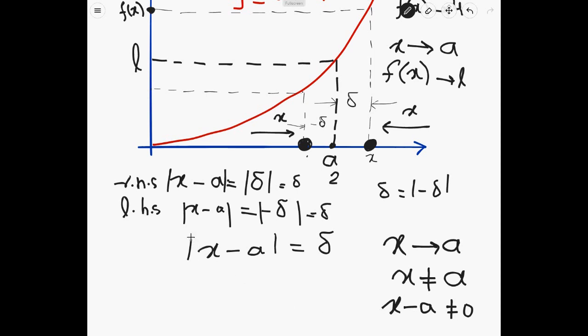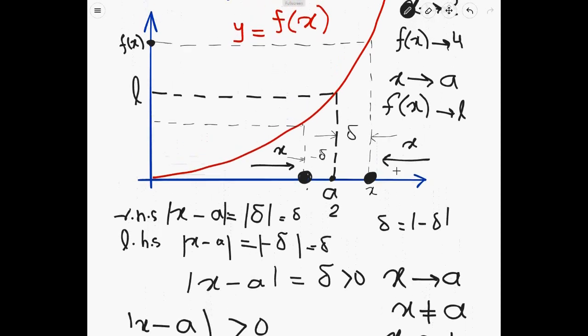Since we have taken the absolute value of this difference x minus a, it cannot be negative. It must be positive, and therefore the absolute value of x minus a is always a positive number. It is greater than 0. Therefore this delta is also greater than 0.